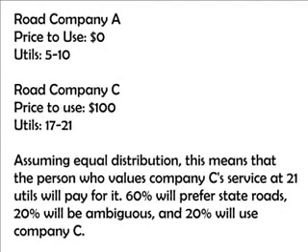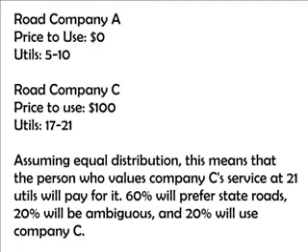So if we look at this in terms of ranges, that people valued things in different ways, and we put ranges of utils received, we can look at Road Company A. With Road Company A, the price to use is $0, the $100 through taxation, and the utils received from Road Company A is between 5 and 10.